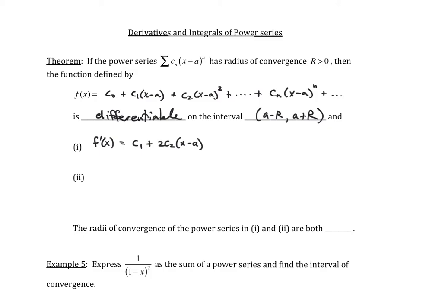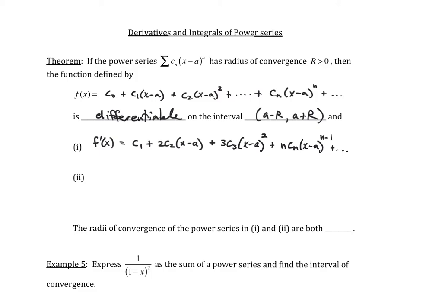If we differentiate the cube term, the 3 would come down, so you'd have 3 c3 (x minus a), and you've got to subtract 1 from the power, so that'd be squared. So in general, it's going to be n times c_n (x minus a) to the n minus 1. And that's going to go on forever.